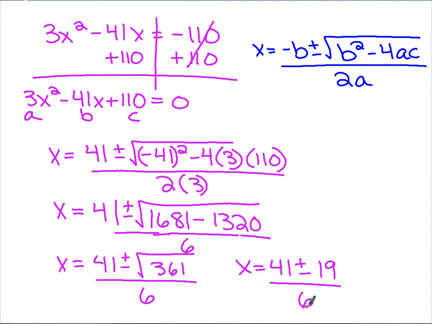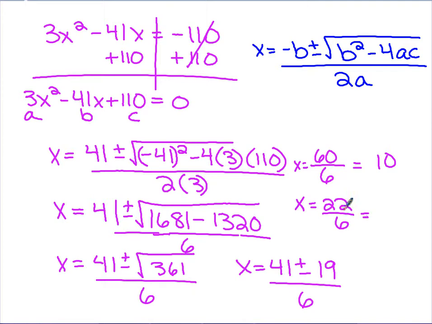Now we can get our two answers. 41 plus 19 is 60. I gotta write it up here, I'm running out of room. Divided by 6, which of course is 10. And 41 minus 19 is 22, divided by 6.